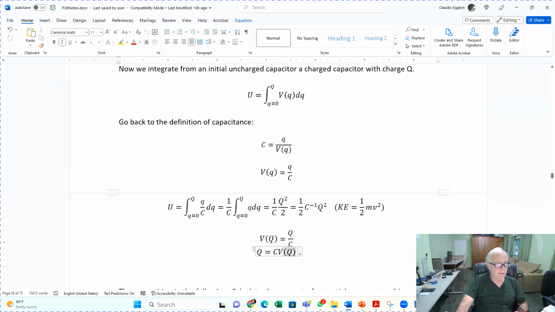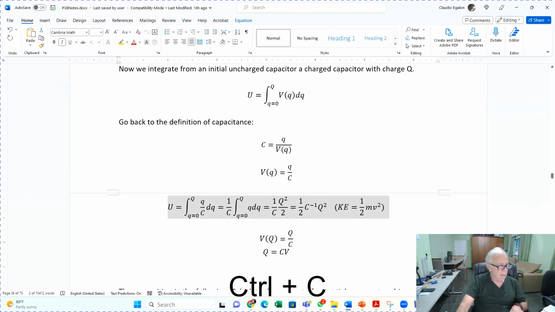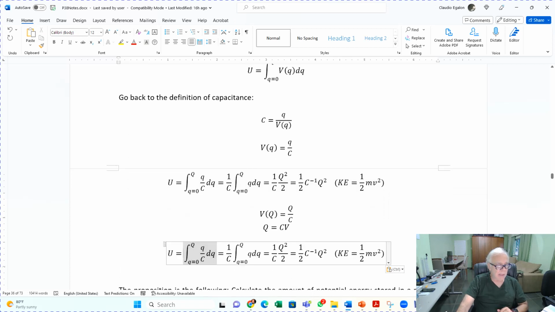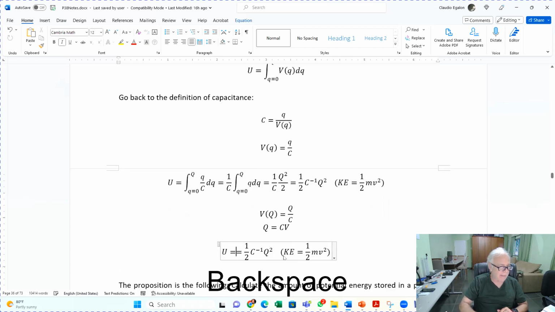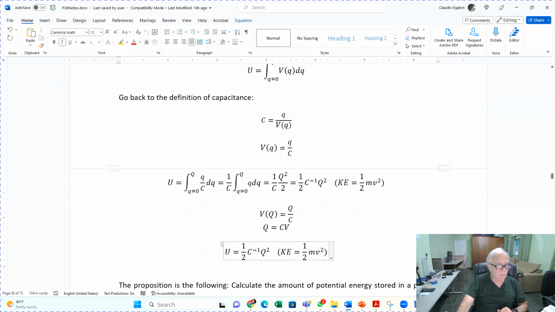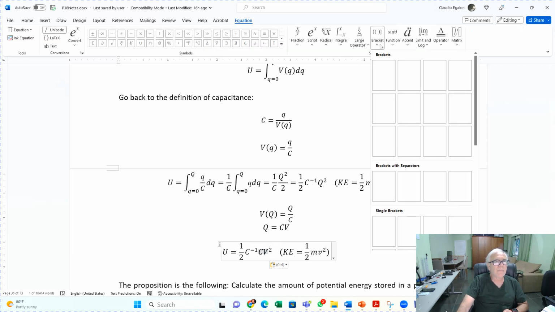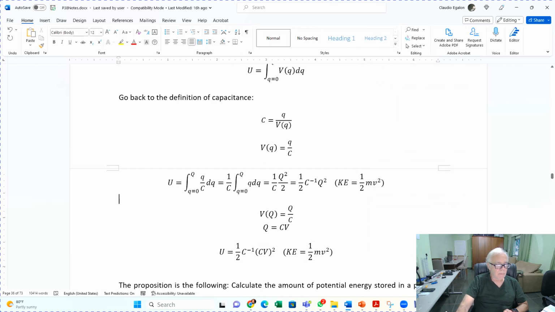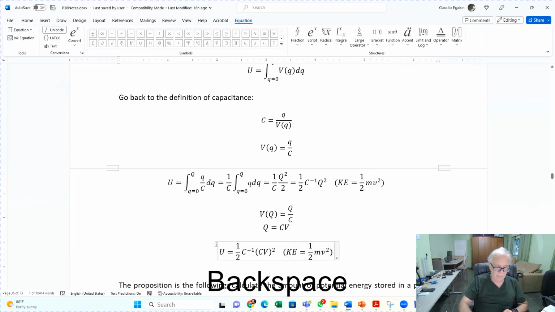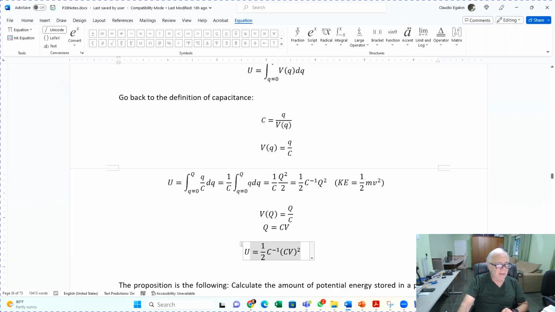I'm going to eliminate this functional dependency to simplify my equation. Okay, and my electric potential energy now becomes what? See, something like that, right? And let's see what else we get.